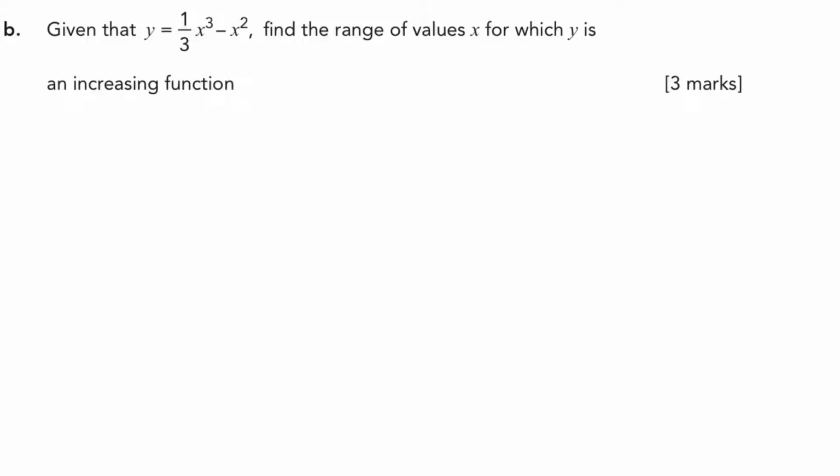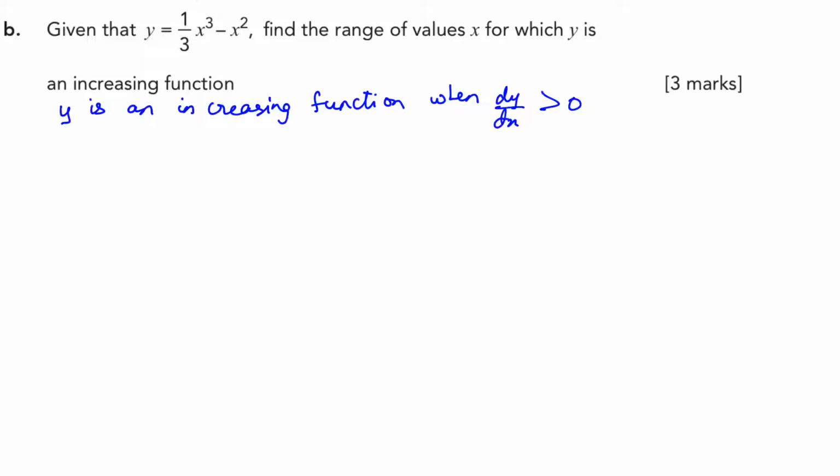The first thing you have to do before differentiation is write down a statement. You get half mark for writing the statement. Y is an increasing function. Because it is increasing, we will write more than when dy over dx is more than 0. If it was decreasing, we would have done less than 0.